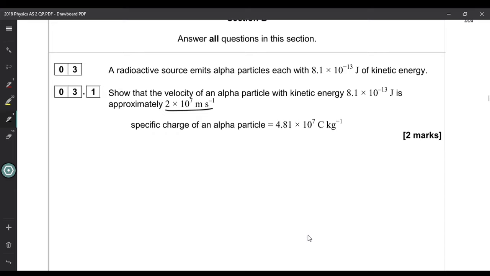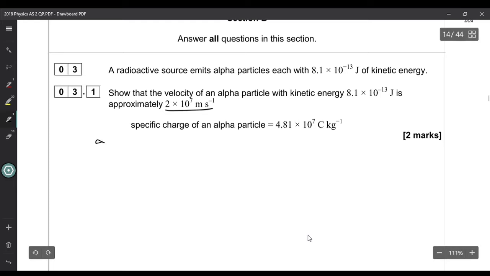So one way is we know that kinetic energy is half mv squared. We're being asked to show what the velocity is. So we know what the kinetic energy is, so we need to find mass.